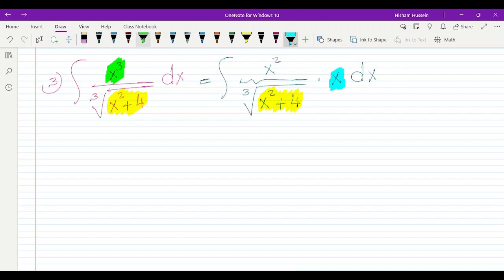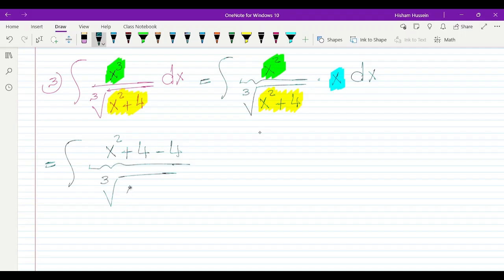But what about this x squared? We can adjust this x squared to be the same as the denominator. How come? By writing it in the form integration of x squared plus 4 minus 4 divided by the cubic root of x squared plus 4 times x dx. And then splitting this function into two functions.